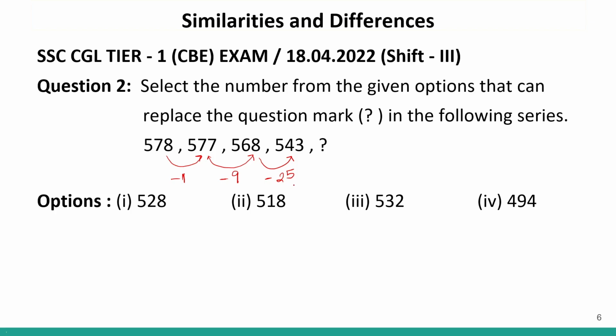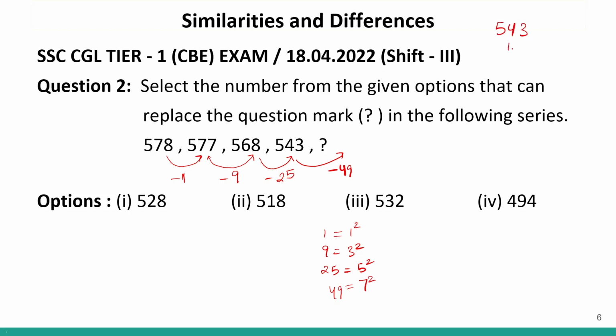So if I look at these numbers, 1 can be written as 1 square, 9 can be written as 3 square, and 25 can be written as 5 square. So I told you the concept of squaring, right? So I can see that we are increasing in odd numbers. So the next term will be 7 square, which is 49. So we would have to decrease 49 from 543 to get the next term.